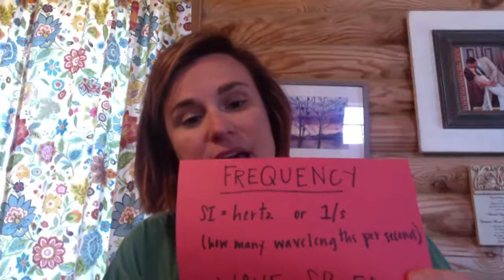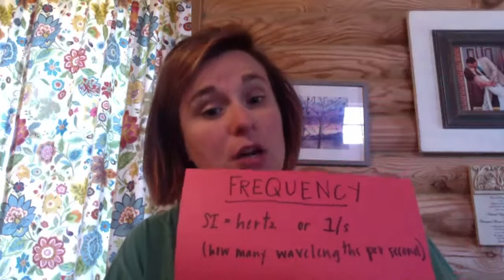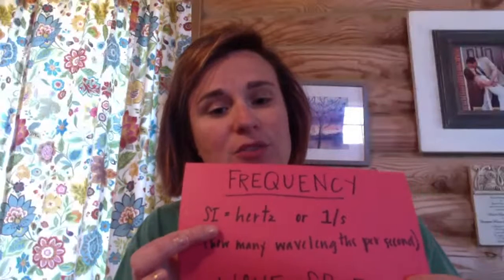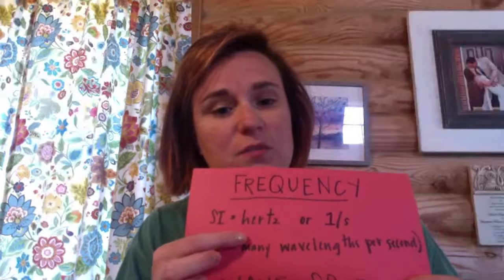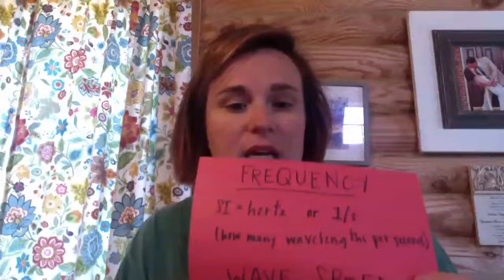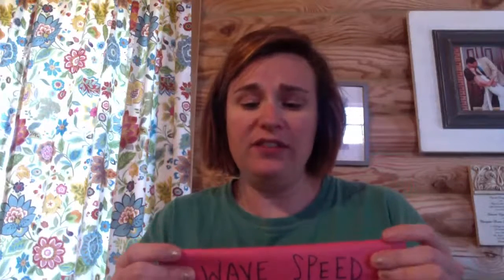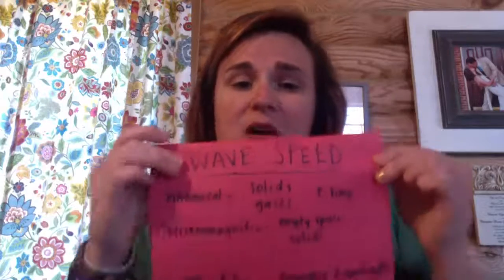You may see it as 1 per second because that's what our unit of measurement is, but our main SI unit is going to be a hertz. So frequency is how many of those wavelengths are going to pass by in a second, but we can also measure how fast the waves actually are. And that's going to be with your wave speed.